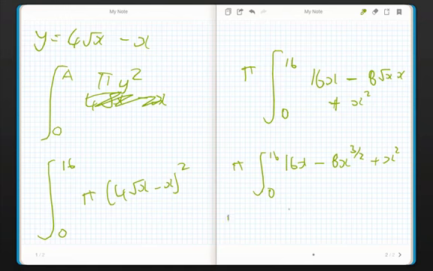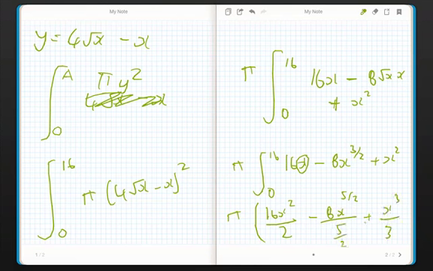Now how do we integrate this? We do pi into 16x, increase the power of x by 1, so 16x squared, and divide by that power, so in this case we divide by 2. Minus, increase 3 by 2 by 1, so 8x to the power of 5 by 2, divided by 5 by 2, plus x cubed by 3.